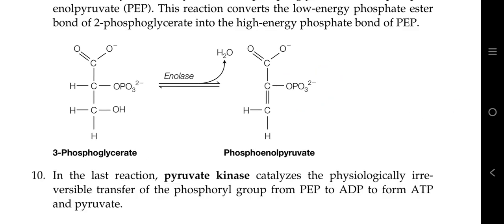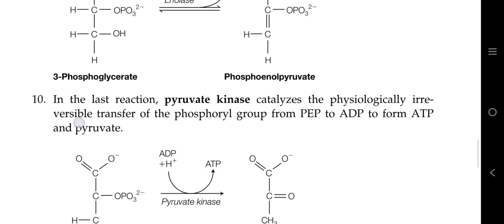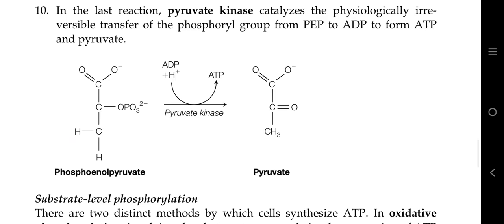So this is the high energy phosphate bond, and why it is high energy we will see in the next reaction, which is the last reaction of glycolysis.